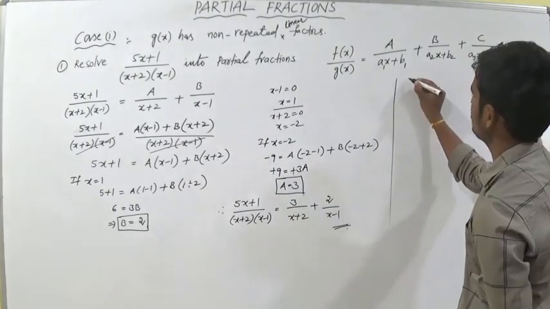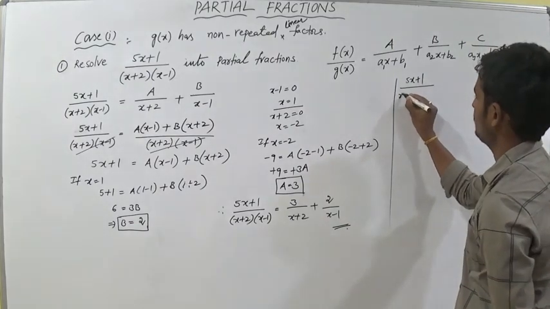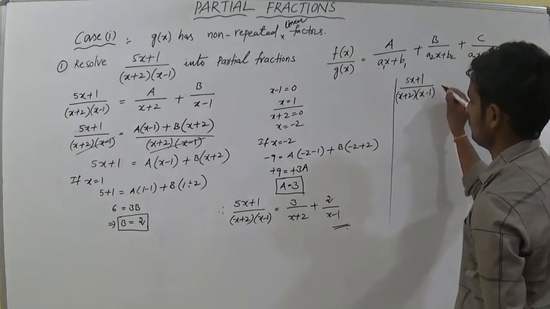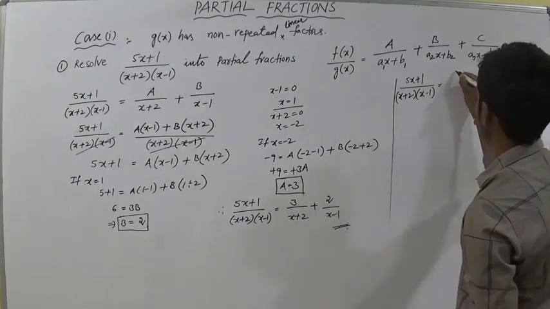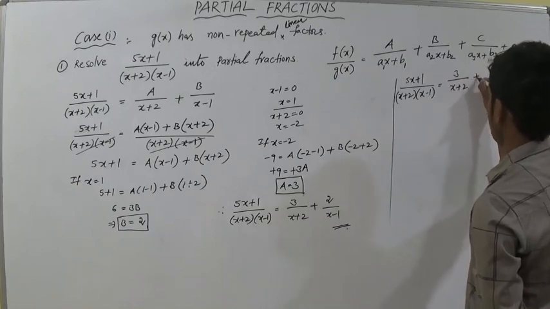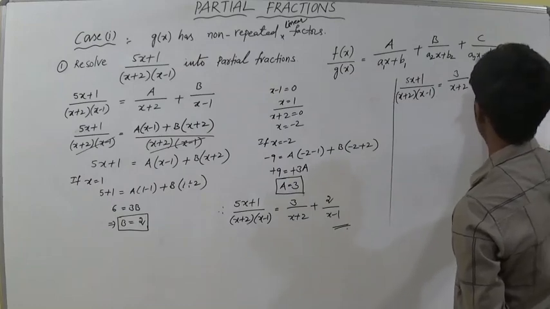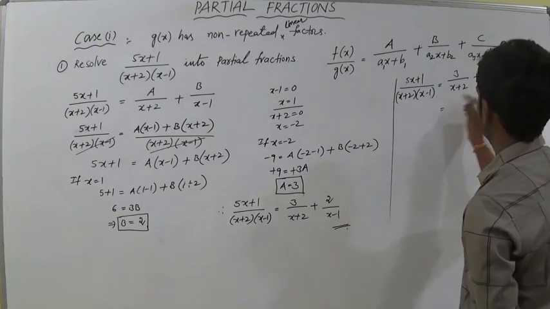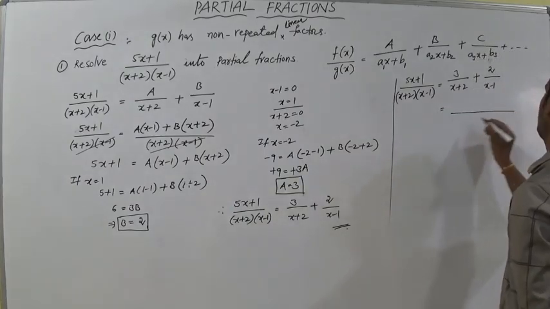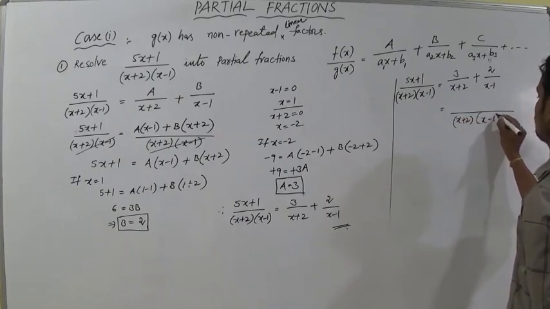Let's look at 5x plus 1 by x plus 2 into x minus 1 is equal to what we are getting: 3 by x plus 2 plus 2 by x minus 1. So we can take the LCM of the denominators, which is x plus 2 into x minus 1.